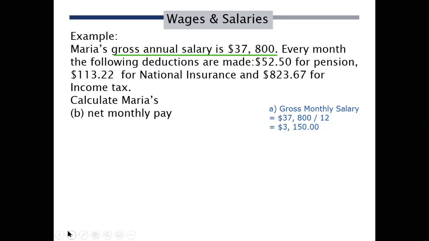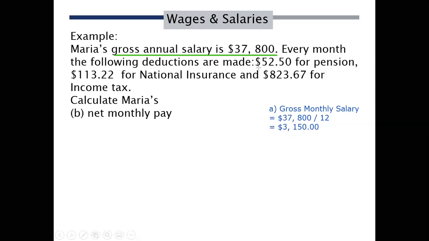B says to me her net monthly pay. Remember earlier we talked about the net monthly pay being the actual amount of money a person receives after all of the deductions are made. And she, in this case, had 3 deductions. So 3 different sets of money that was coming out of her pay.